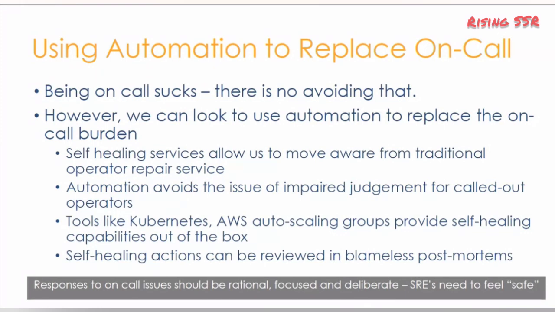Obviously, before building self-healing capability into the system, there needs to be a lot of analysis, and that analysis can be done only when we have proper observability built in for the entire stack.